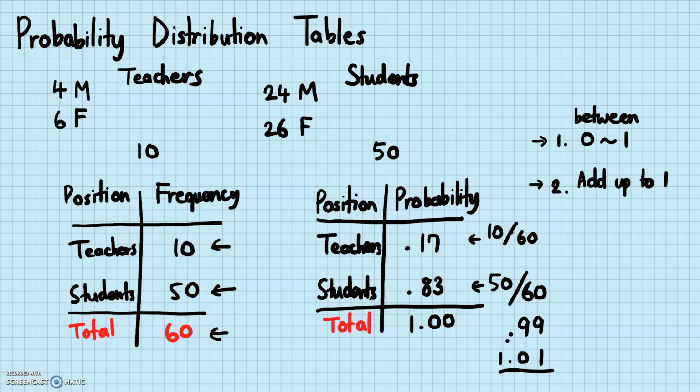If it comes out like this, just make sure that you did your calculations properly without any mistakes. And if you didn't make any mistakes, then it's okay. Just double check that you've rounded them correctly. But usually it should come very close to 1 or equal to 1. Ideally, it should equal 1 without any rounding.